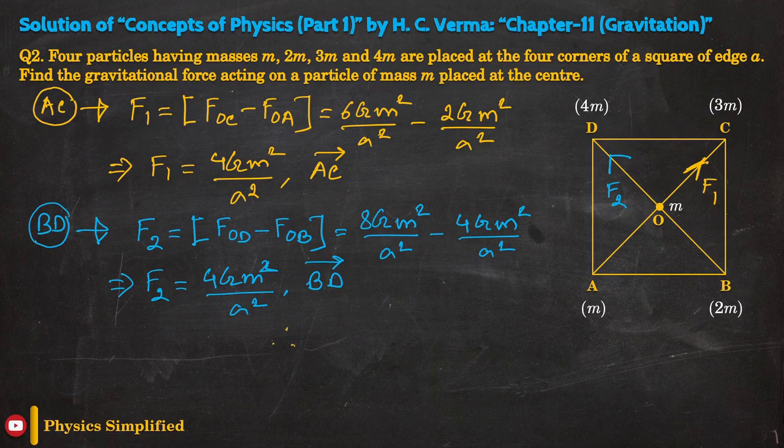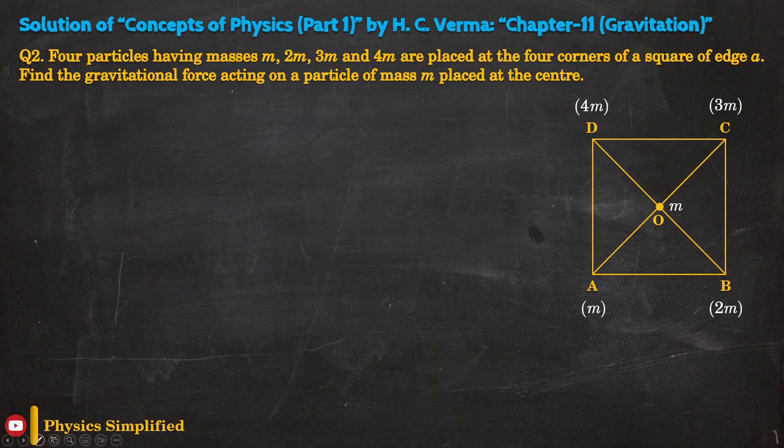So from the figure we can write that force F1 and force F2 are mutually perpendicular. If we can calculate the resultant of F1 and F2, that resultant will give us the total gravitational force on the mass m at the center of the square.